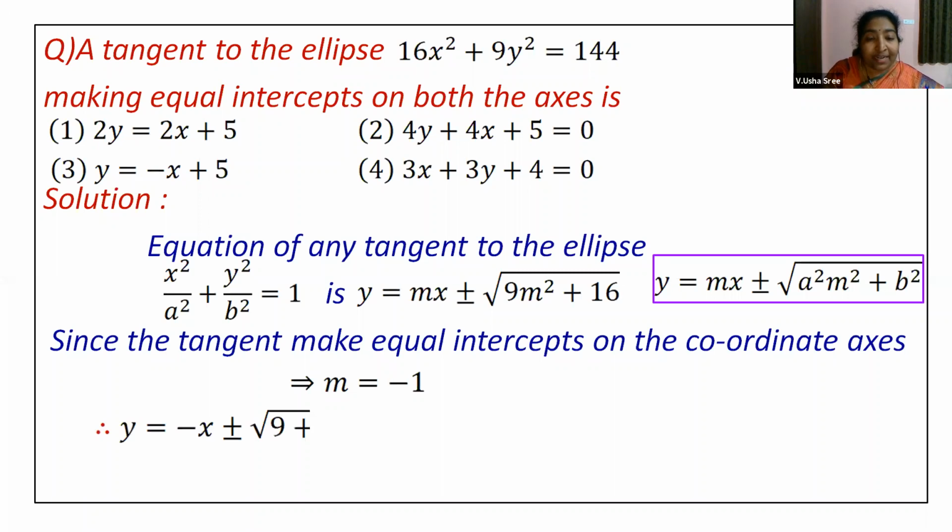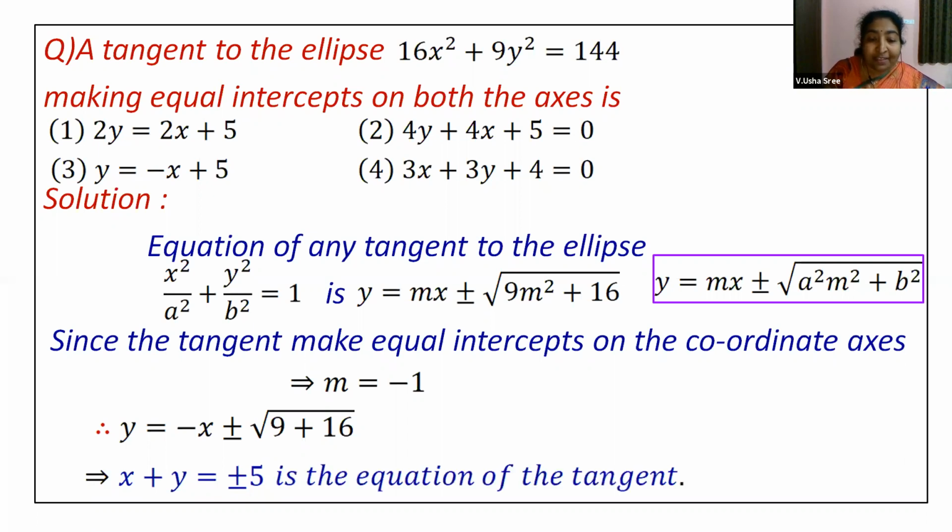Then you will get y = -x ± √(9 + 16), since (-1)² is 1 itself. 9 plus 16 is 25 under root, isn't it? So you are getting y = -x ± 5. Then you can rewrite the equation as x + y = ±5.